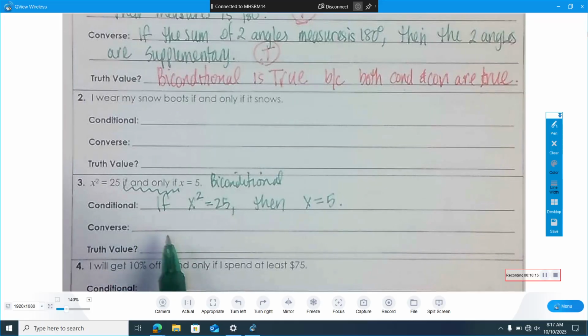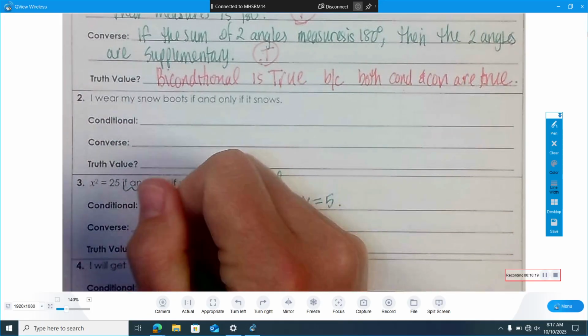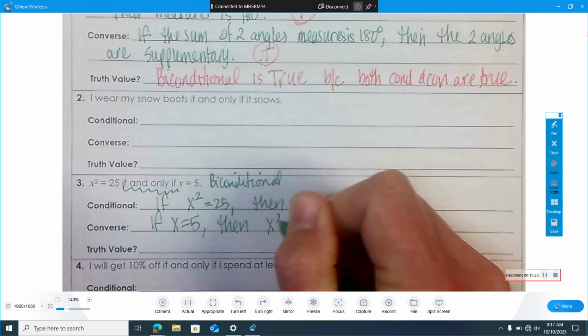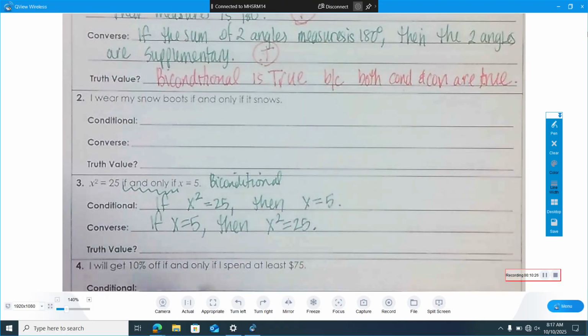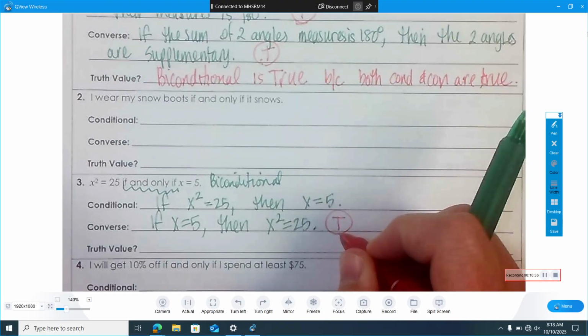All right. What is the converse? Then x squared equals 25. I did that backwards, of course. Here, x equals 5. And so if x equals 5, then if we take 5 and square it, does it equal 25? Okay, the converse is true for sure.